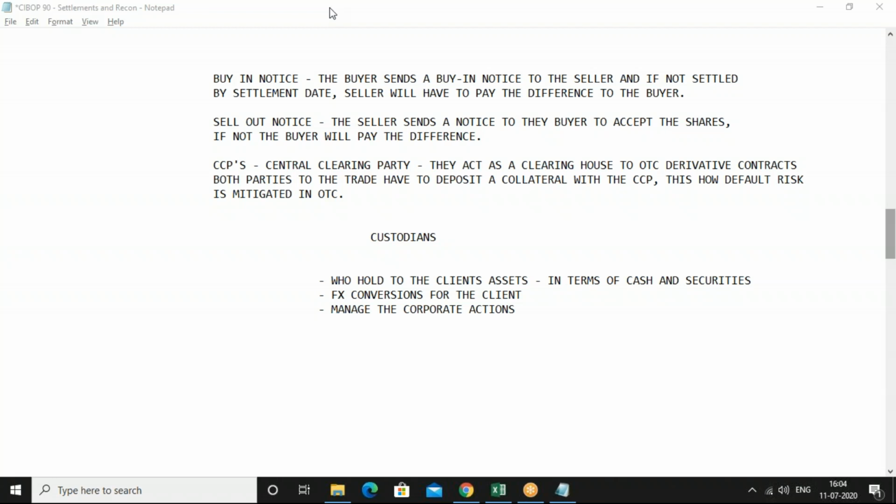Now, in an investment bank or any large financial institution, reconciliation is probably one of the most important functions that can happen, because if a transaction is not reconciled properly, it can cause massive financial losses to the company.